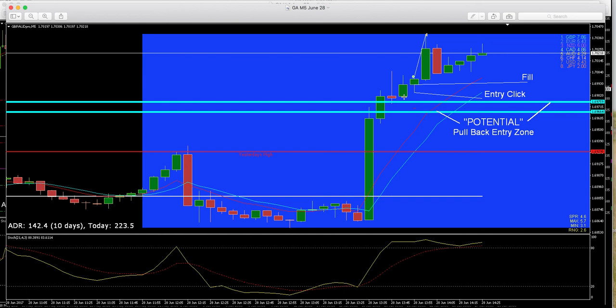So when I saw this happen in real time, then I saw this one pull back to here. I actually got in, and I don't know if you can see this little red line right in here. That's where my stop was.